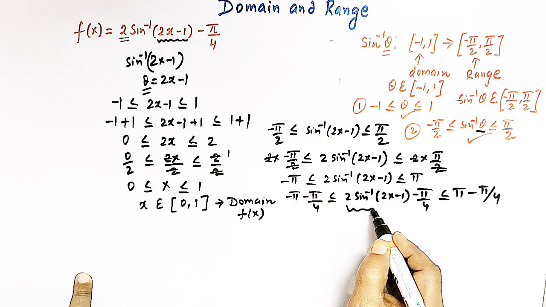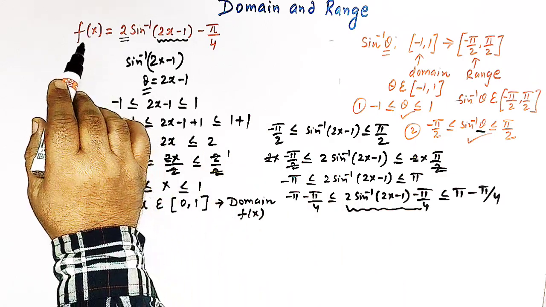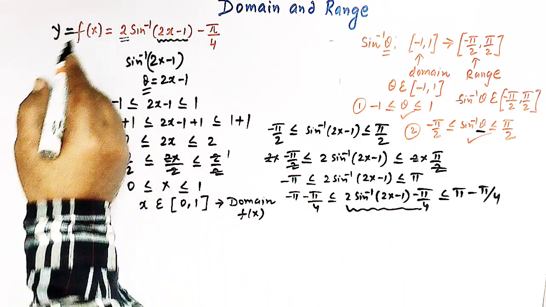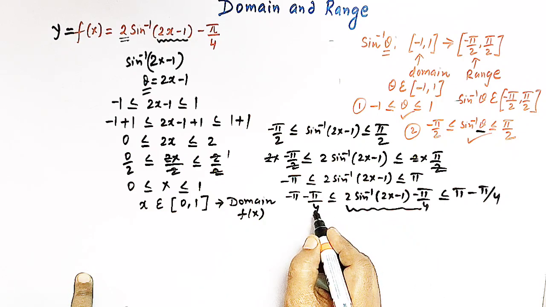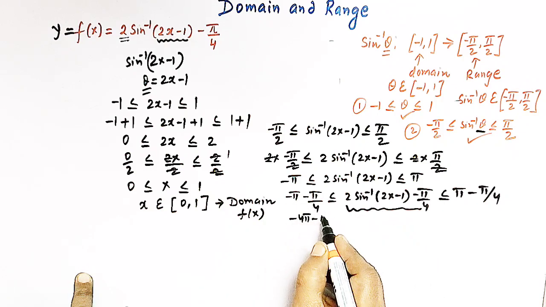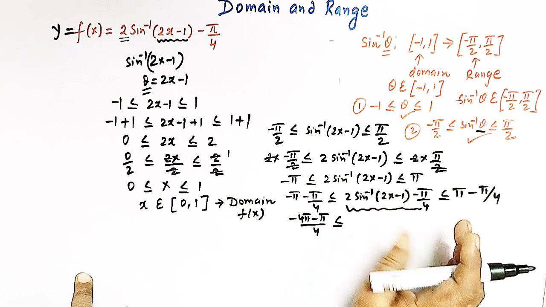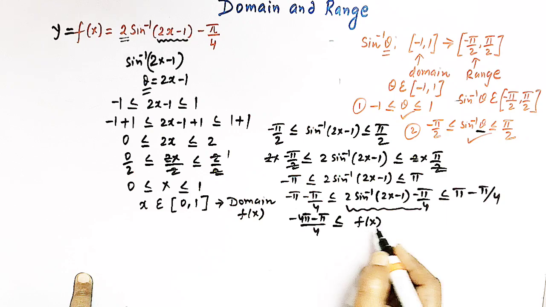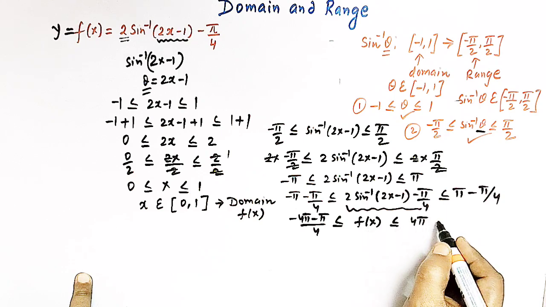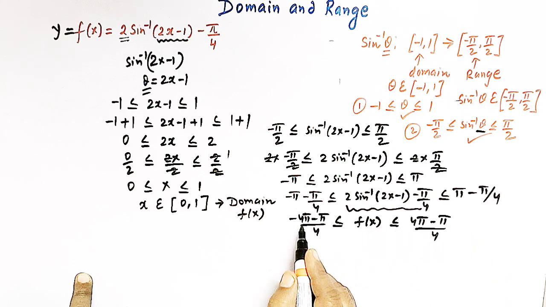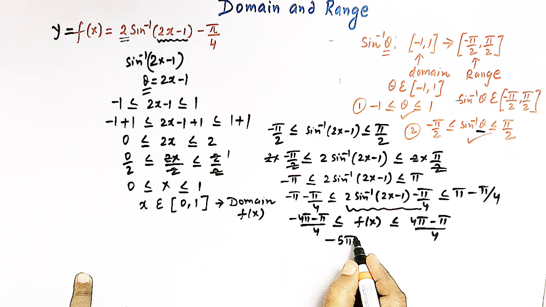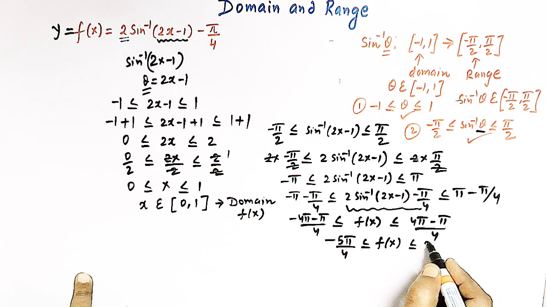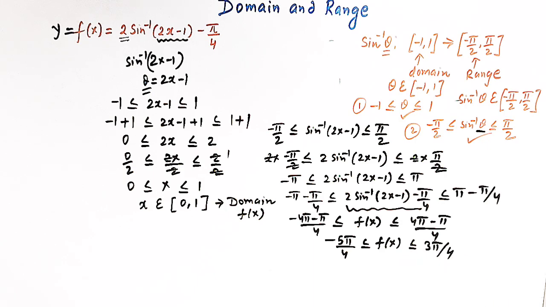Now we can see that this middle term is now equal to f of x, and if we take the function as y equal to f of x, then we can now write minus pi minus pi over 4, and the middle expression can now be replaced by f of x, and here we have pi minus pi over 4. So this is minus 5 pi by 4, and here we have f of x, and this is 3 pi by 4.